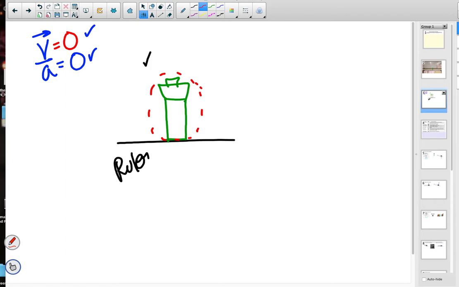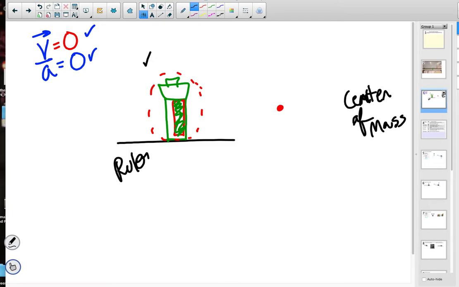Instead of talking about the cap and the ink cartridge on the inside, we decided to use this one dot to act as the center of mass that represents the entire marker. Center of mass. So this red dot represents the whole marker.